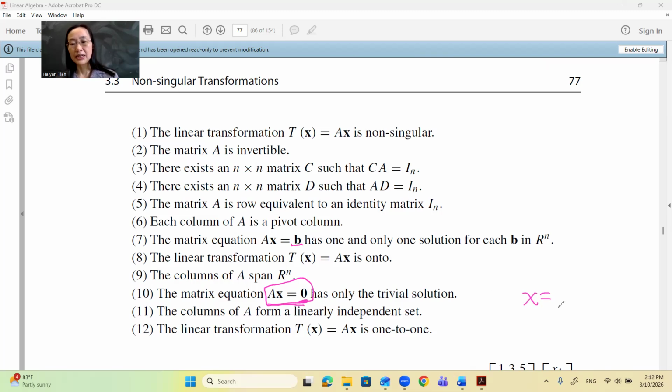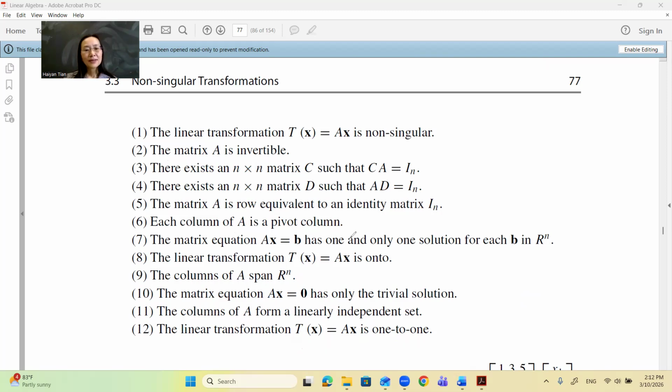X will be A inverse times the 0 vector, which is just 0. You have only a trivial solution. So that means the mapping defined by A will be one-to-one, because we know if a homogeneous system has only a trivial solution, it is a one-to-one mapping.